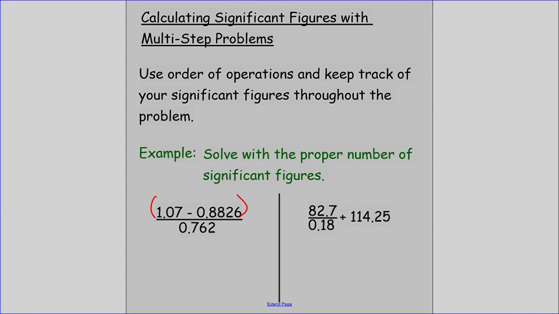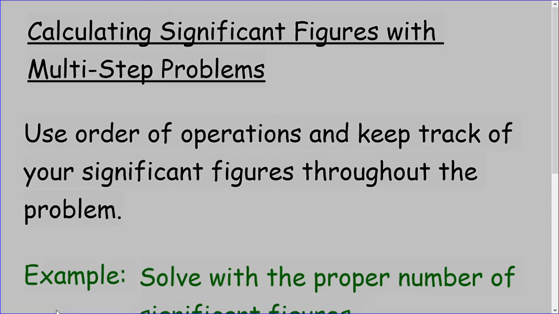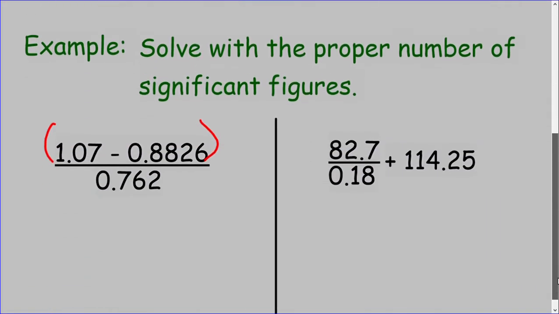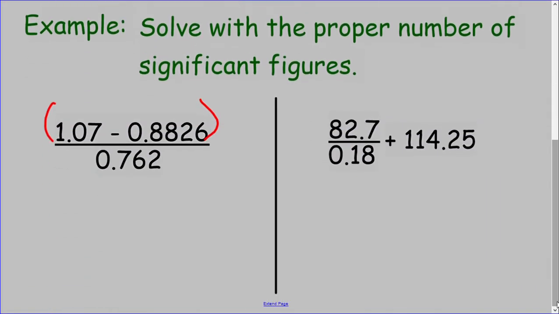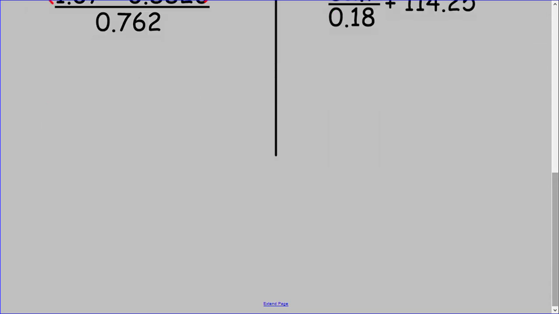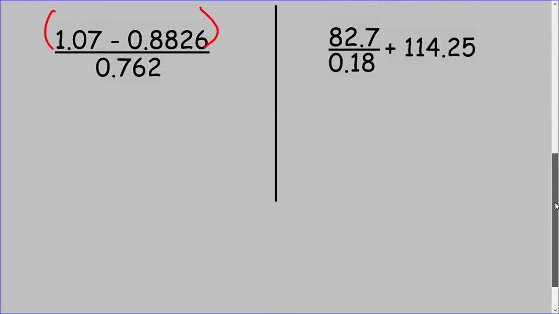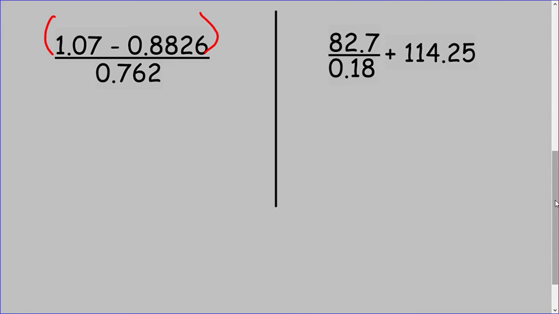So if I do 1.07, and I'm just going to make this a little bit bigger, I can write on here. If I subtract to start off with 1.07 and 0.8826, we get 0.1874.